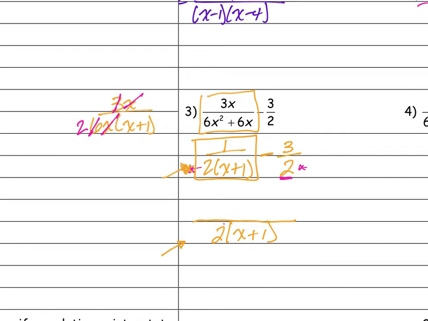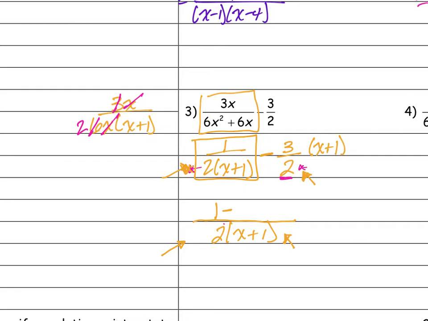No. So I don't need to multiply by anything. So I'm just going to get 1 minus, is there anything in my common denominator that's not in this one? Yep, so I'm going to multiply by x plus 1.